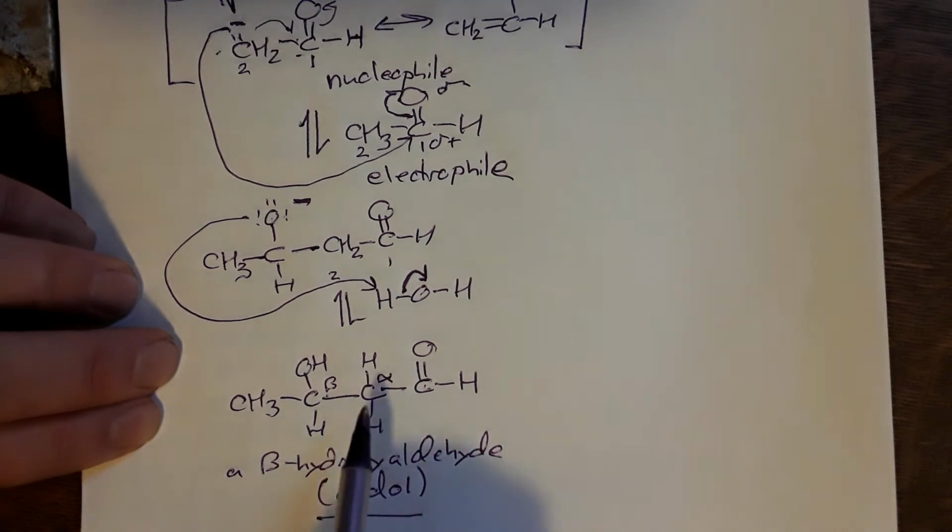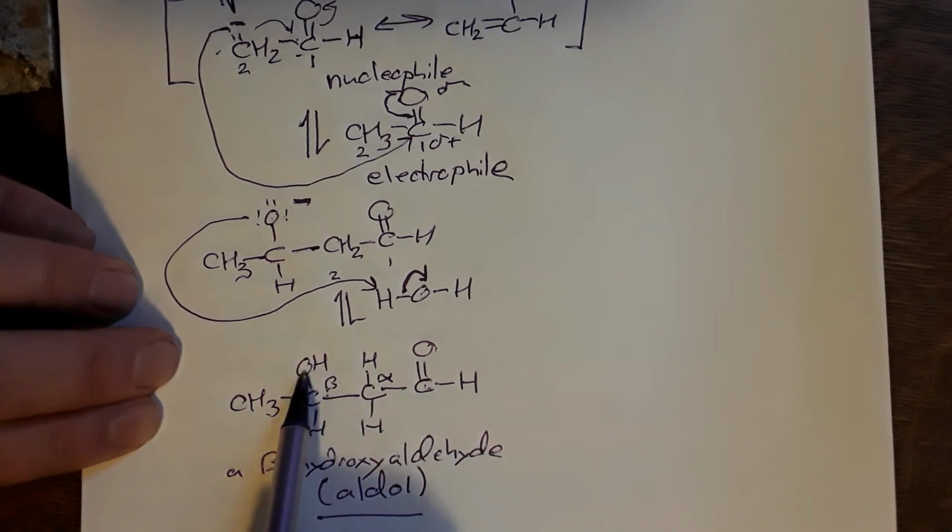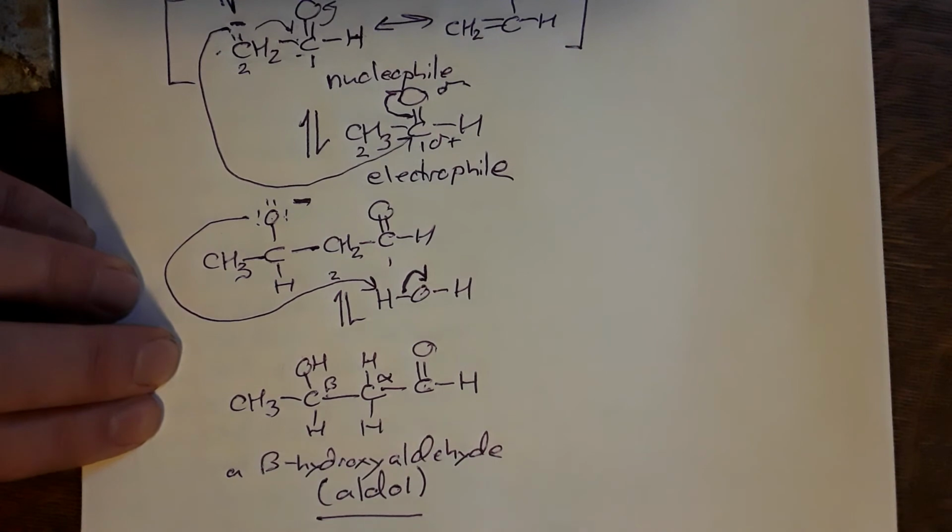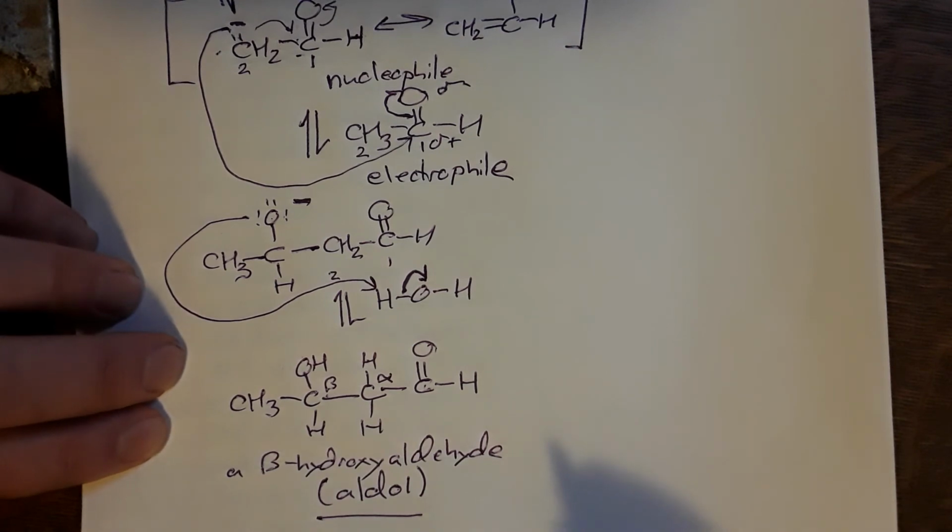So now what we have to do is get rid of one more hydrogen here, and get rid of this OH right here. Turns out the OH can come off as a hydroxide. It's not a very good leaving group, but in a basic solution, it can act as a leaving group.